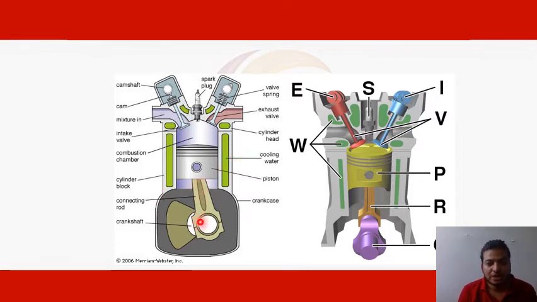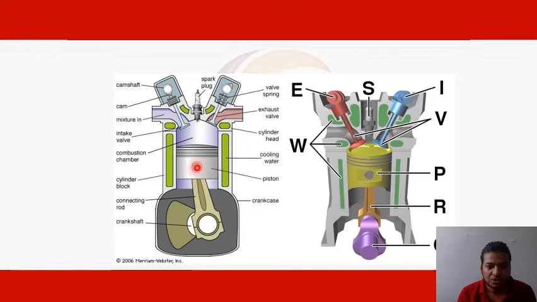Here you can see this is the connecting rod. Crankshaft is there, and the bottom part is known as the crankcase. In this crankcase, oil is also there, which is used for lubrication purposes. So that is also stored in the crankcase. This is known as the piston.